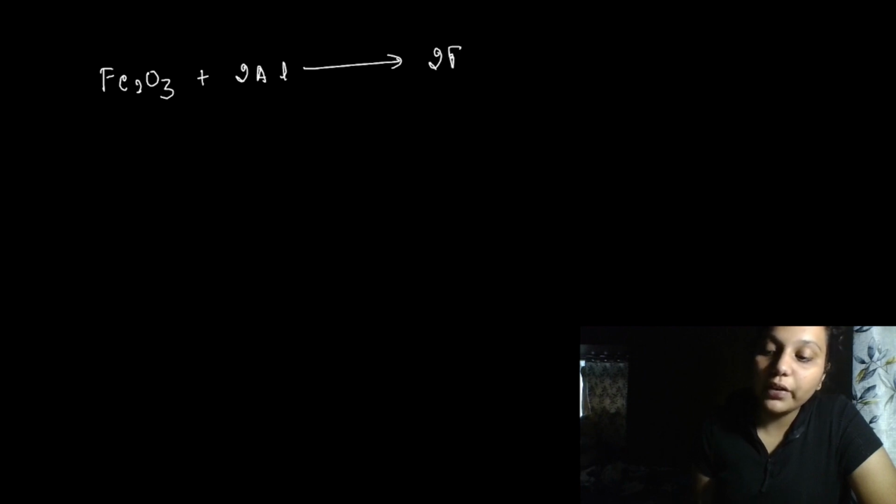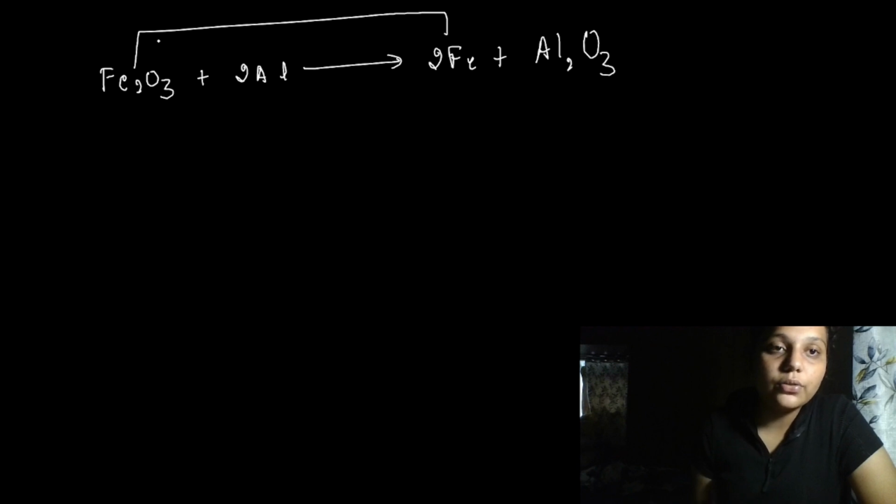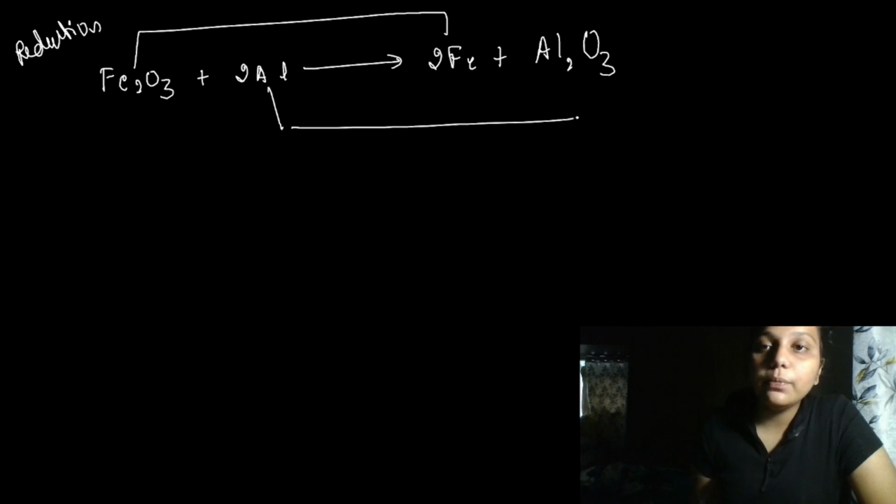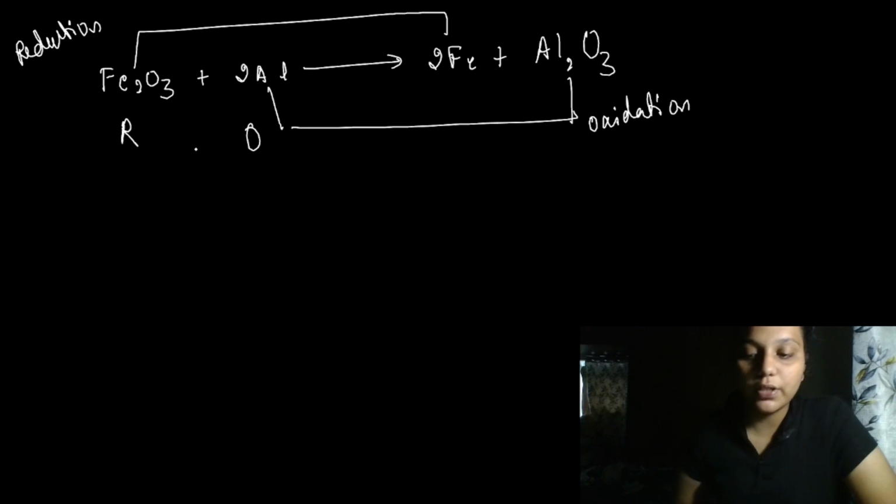We'll get 2Fe plus Al2O3. Here oxygen is there, now it is not there. So which reaction is it? It's reduction. Okay, this aluminium is undergoing oxidation. Okay, you can write this as: reduction is ongoing and oxidation is undergoing.